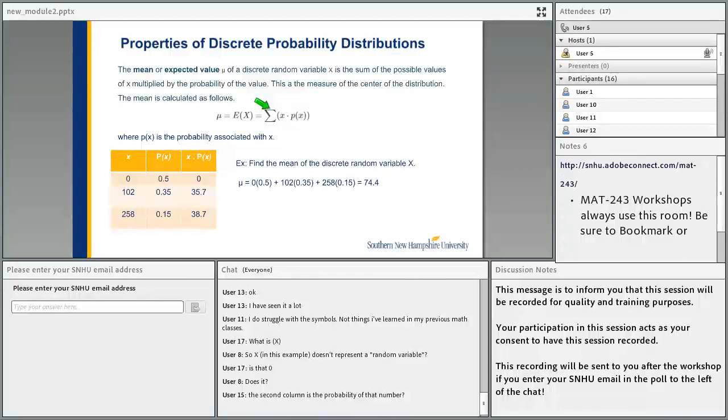Yes, the second column is the probability of getting that number. Just imagine some random experiment that you're doing where the value of a random variable is 0, 102, and 258. The probability of getting these values is 0.5, 0.35, and 0.15.